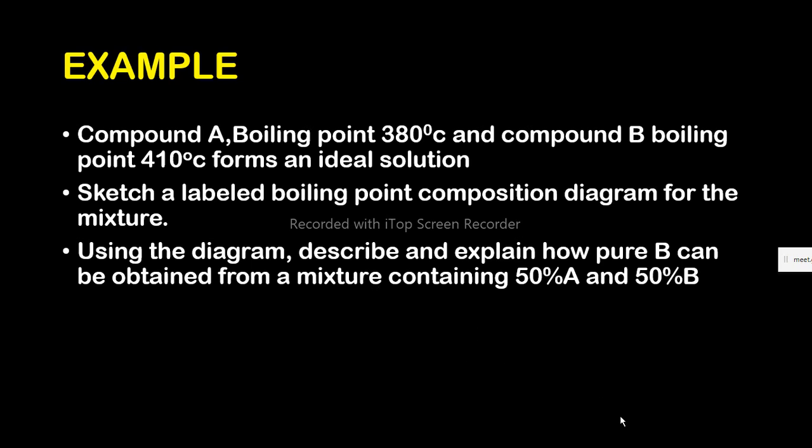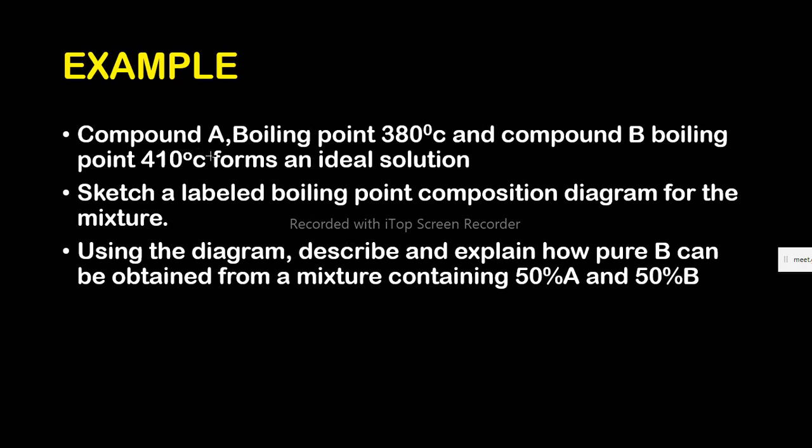So you see, the question says you have A, and A boils at 380, and B boils at 410. So between A and B, which one is more volatile than the other?